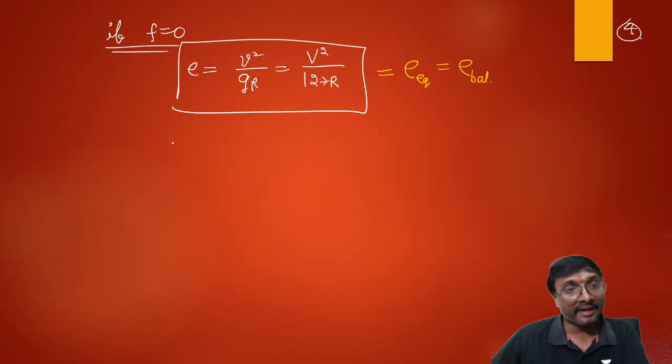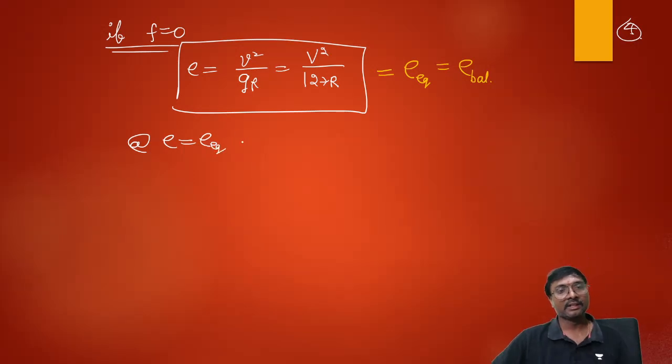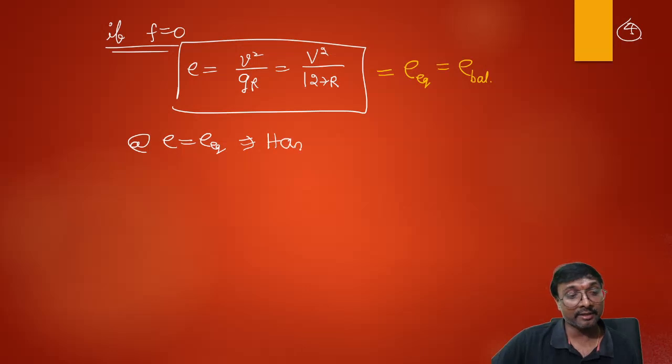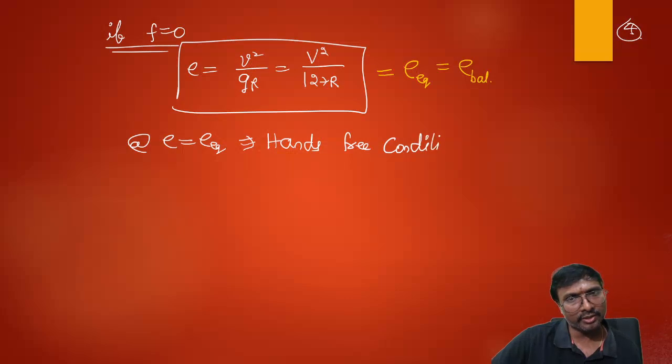Now when the super elevation is equal to the equilibrium super elevation, what do we have? We have the hands free condition. Hands free condition means, do you need to steer the vehicle? No need to steer the vehicle.